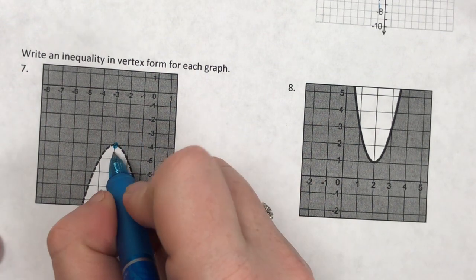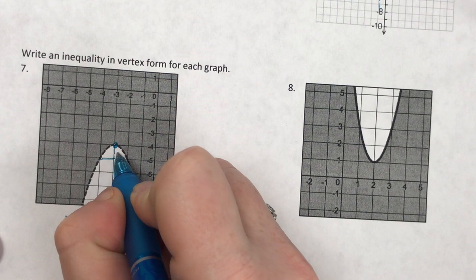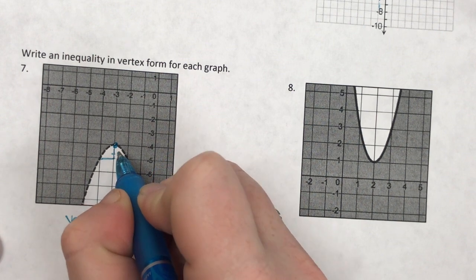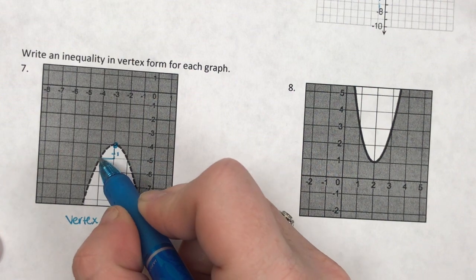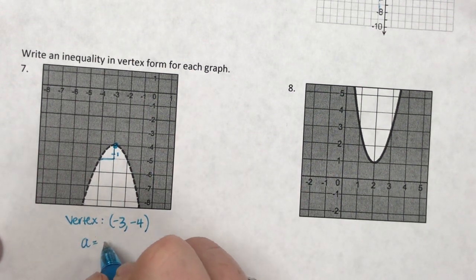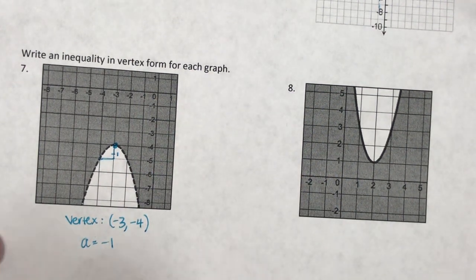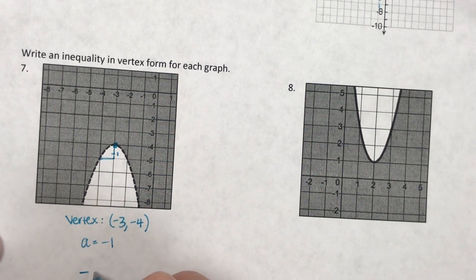The A value, this opens down, so it's going down 1/1. So A is -1. So I've got negative x plus 3 squared minus 4.